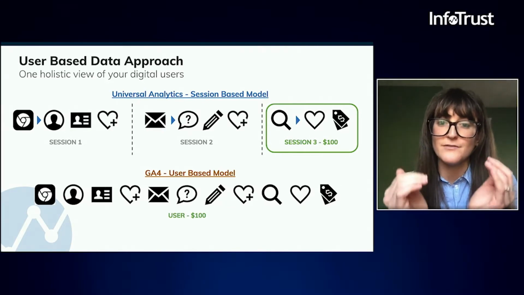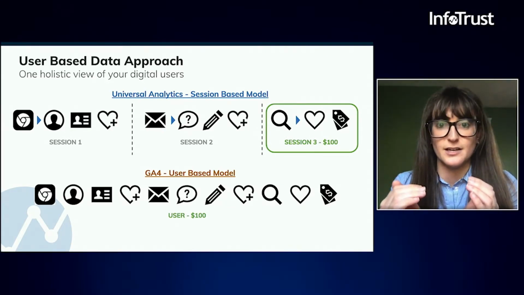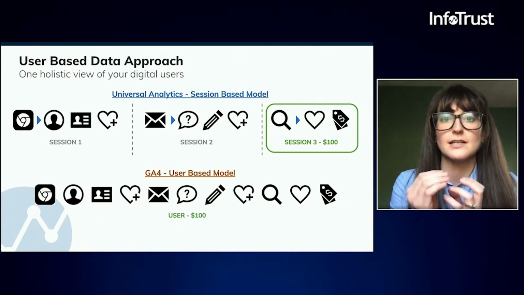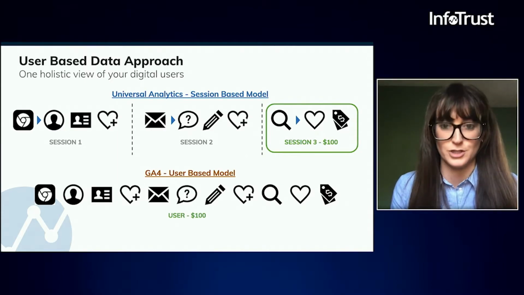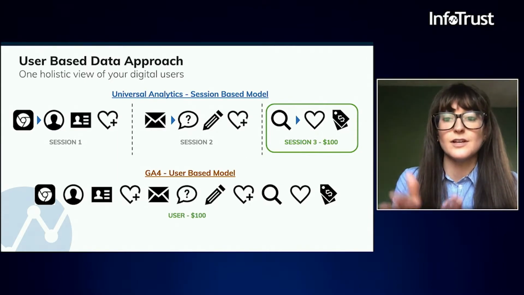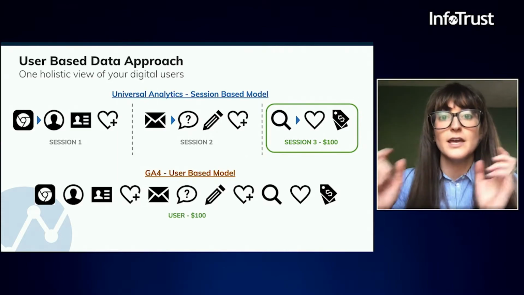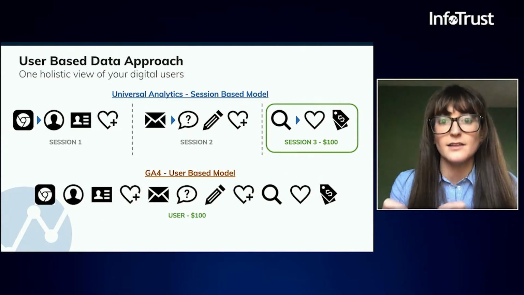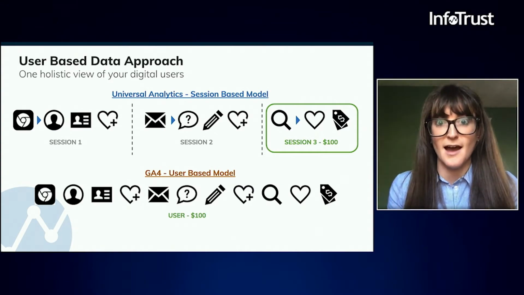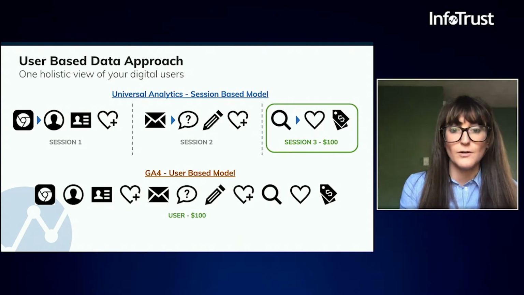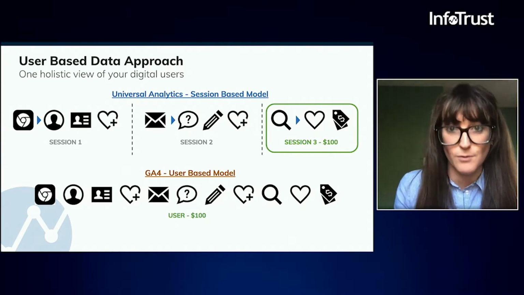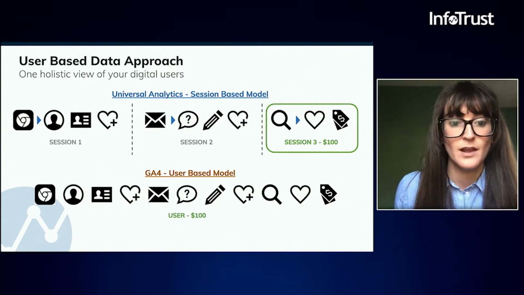Those behaviors within that session are very closely linked to the conversion that happened. And let's just say, for simplicity's sake, this session resulted in a $100 purchase. So in the Universal Analytics session-based model, it's really emphasis on that third session as being the quote successful session.